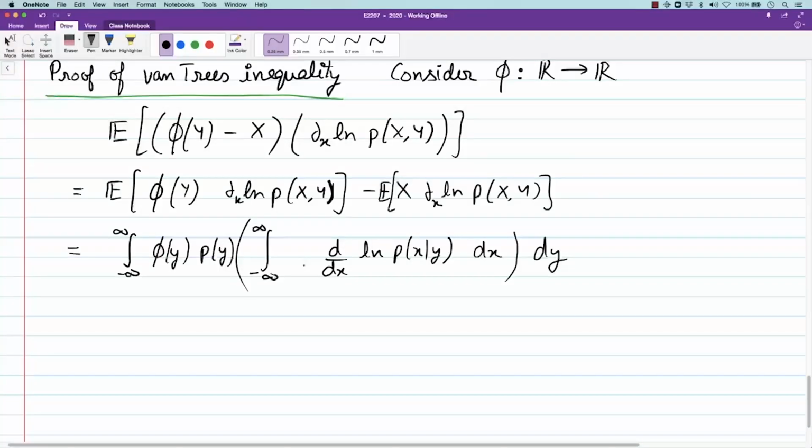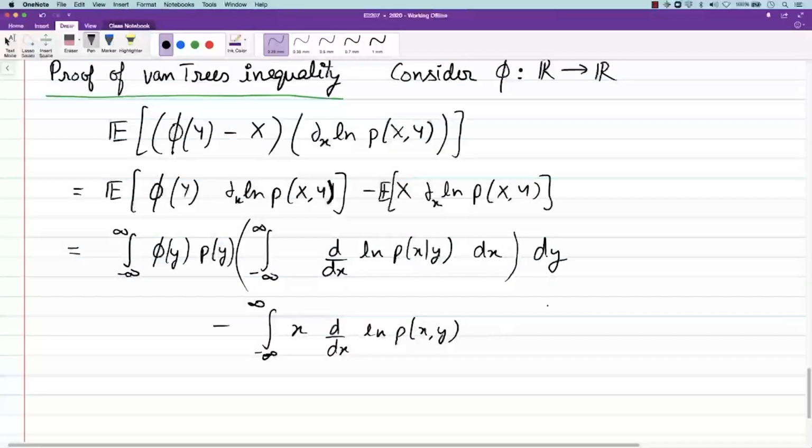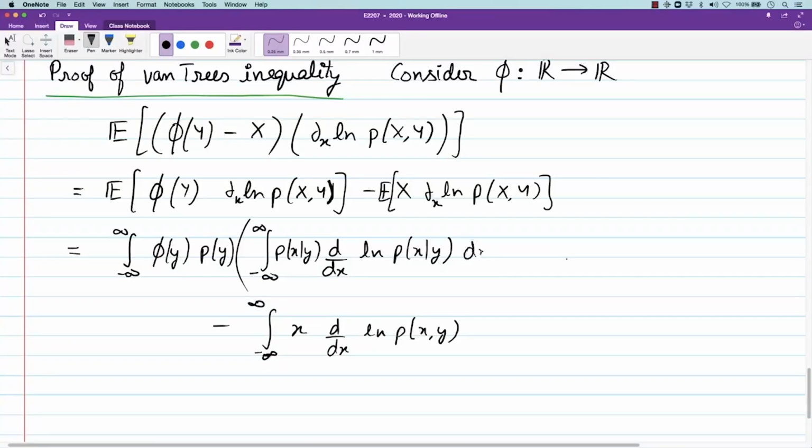This is the first term here. Minus the integral from minus infinity to infinity of x times the derivative with respect to x of ln p of x given y. Sorry, to bring in the density of x also here. So this is again the density of x given y, dx dy.